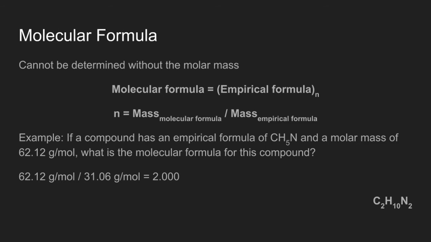Anyway, the molecular formula's mass, 62.12 grams per mole, divided by 31.06 grams per mole, gives us approximately 2. And so that means the empirical formula is CH5N, but the molecular formula is twice that, C2H10N2.